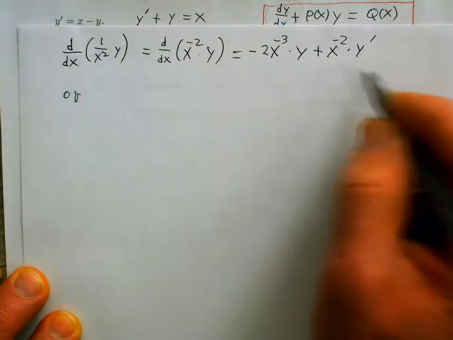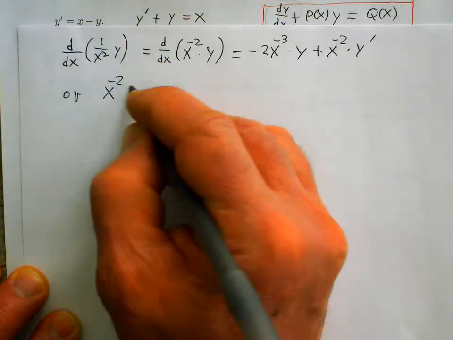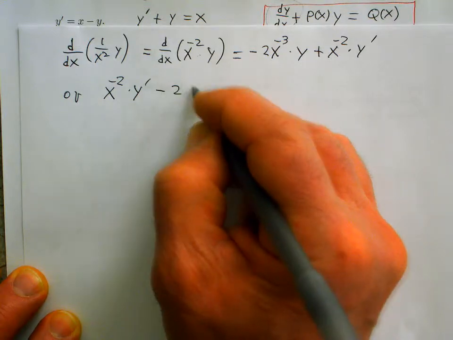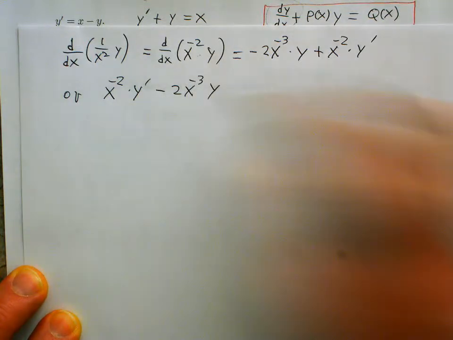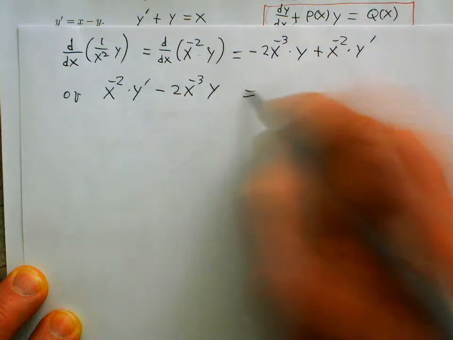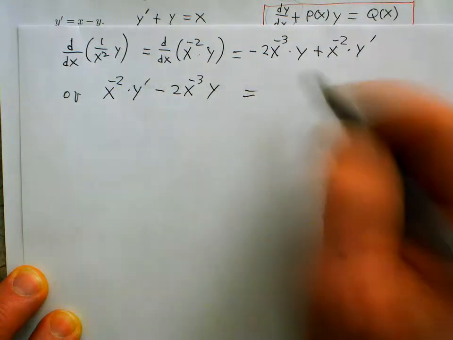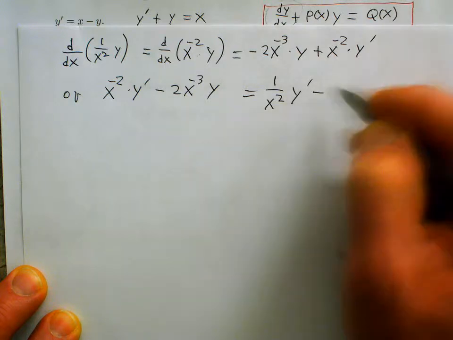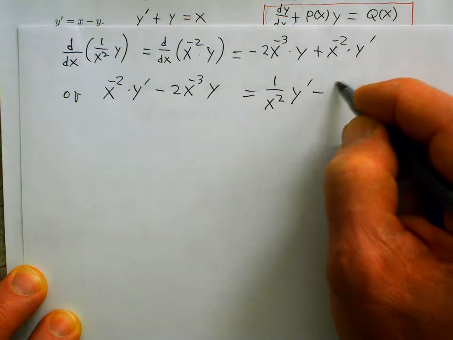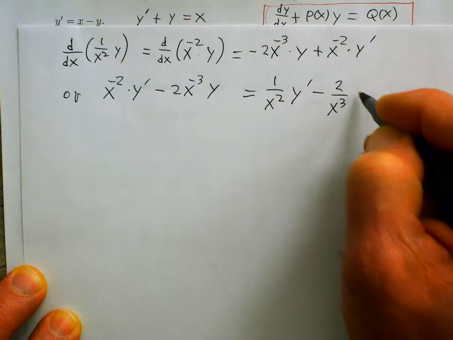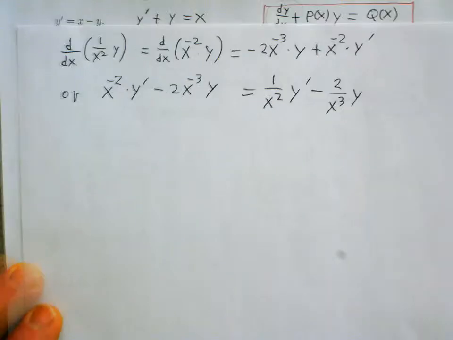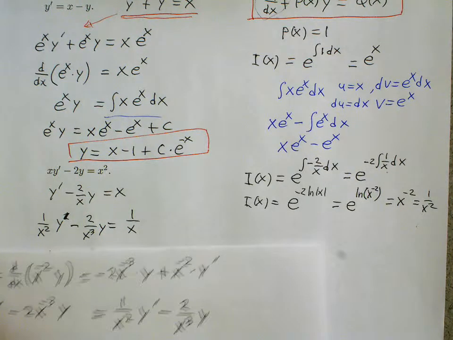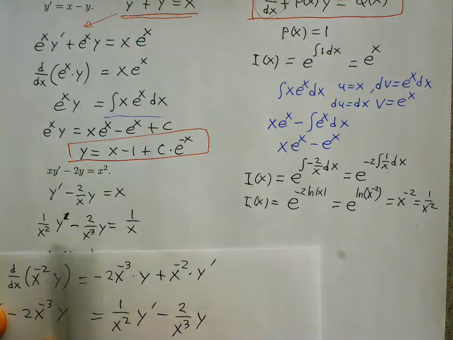Or if we rearrange it, it's x to the negative 2 times y prime minus 2x to the negative 3 y. If you don't like negative exponents, we can write it as 1 over x squared y prime minus 2 over x to the third y. So is that what we have? Yeah, that's what we have on the left-hand side.